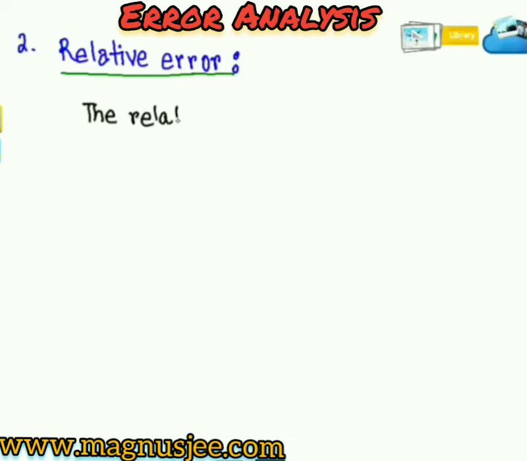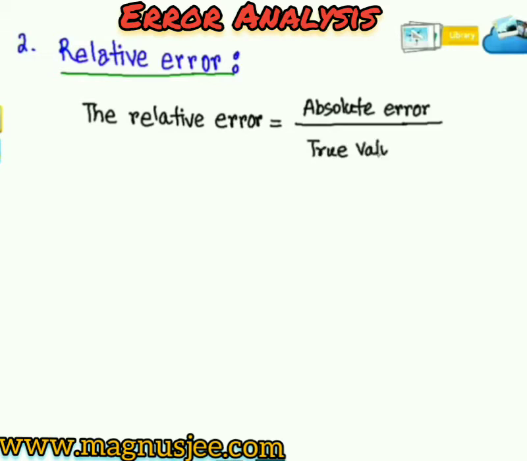The relative error is equal to absolute error divided by true value of a physical quantity. Relative error can be determined by dividing absolute error by true value of the physical quantity.